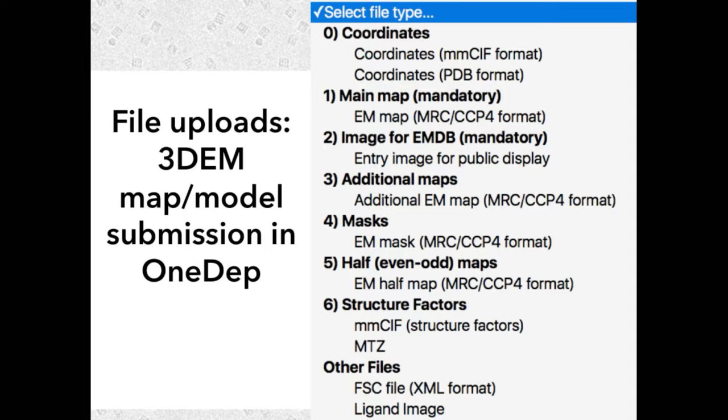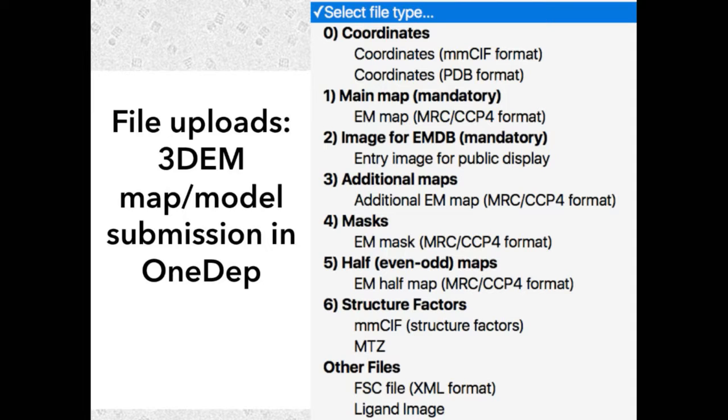You are allowed to have additional maps. This is an interesting point because we get questions frequently. I used, from a single set of image data, I produced 20 maps because I have all these different conformations of my molecule. What do I do? Do I need to make 20 different depositions?